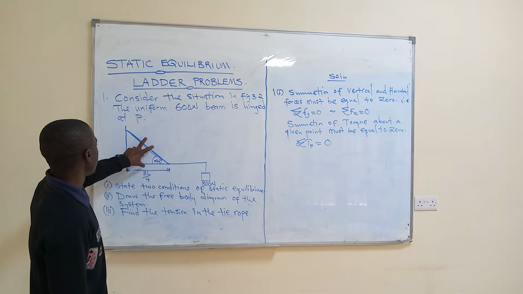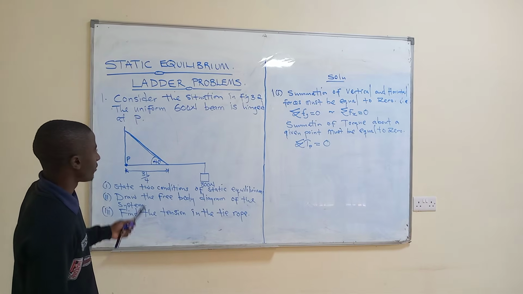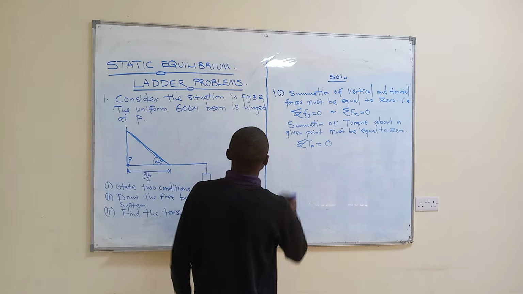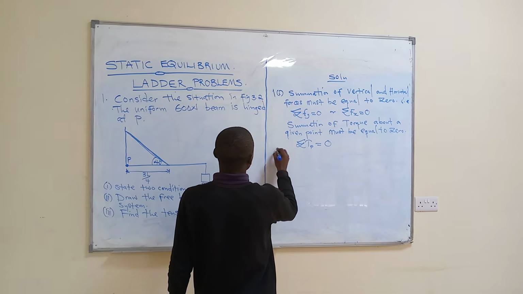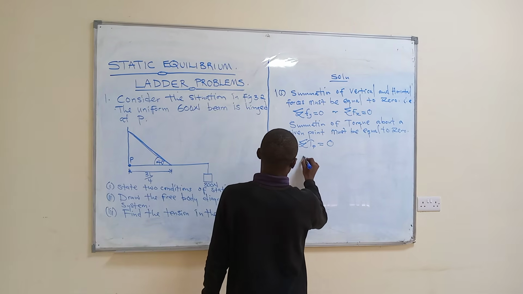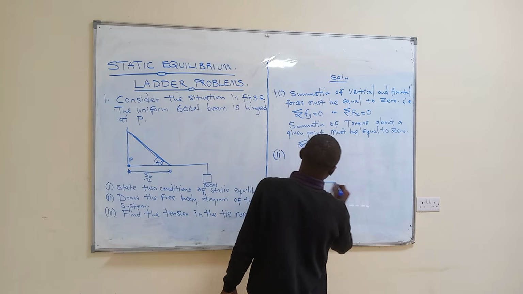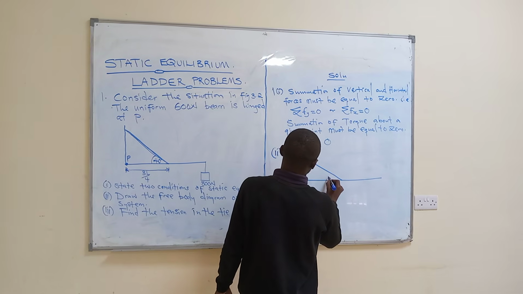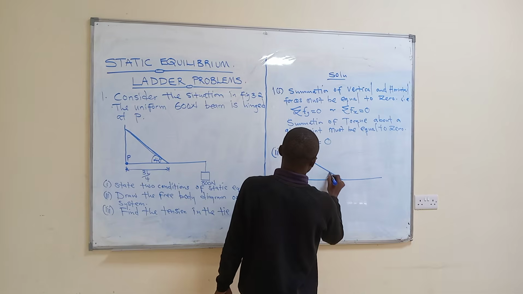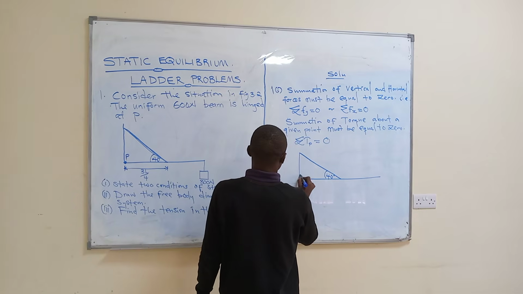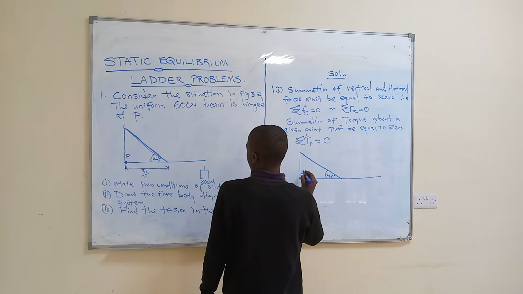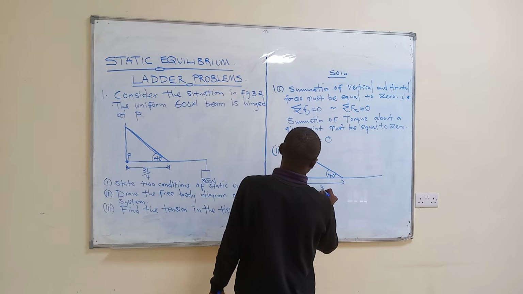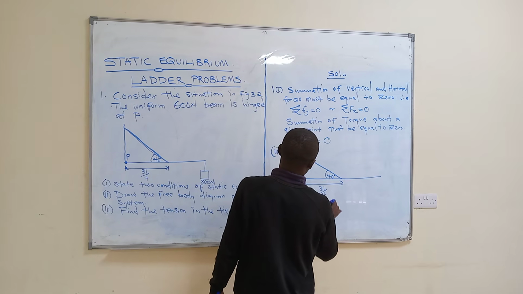So we are going to get that diagram which they have given us and try to show all the forces acting on it. That is 40 degrees, point P, and from there, the distance is 3/4 over 4.